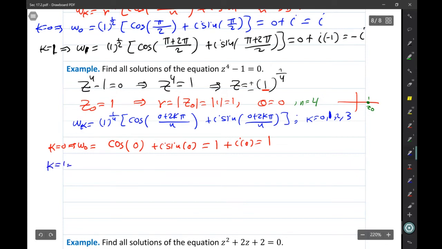Again, k is equal to 1 implies W1, which is cosine 2 pi over 4, which is pi over 2, plus i sine pi over 2, which is cosine pi over 2 equals 0, plus i times 1, which is equal to i.